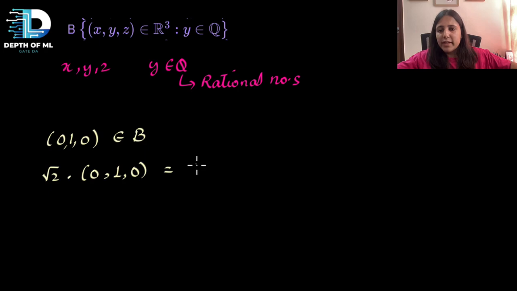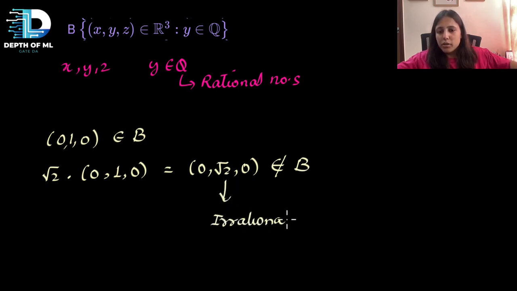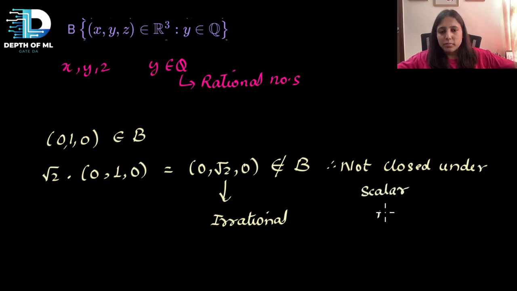I will get 0, root 2 and 0. Now this does not belong to B because this is irrational, right? But you said in the description itself that y should be a rational number. So this is not closed under scalar multiplication.